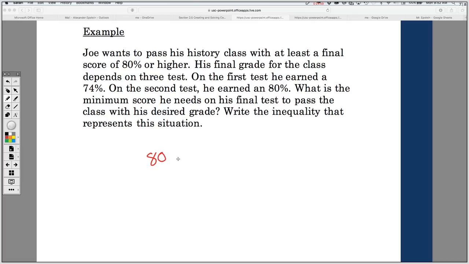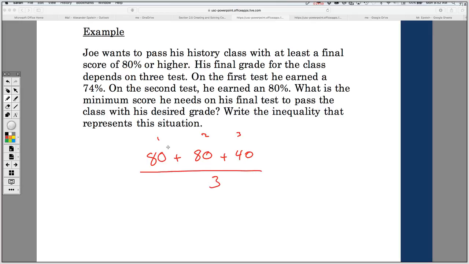And then how would I find the average? So if this was test 1, 2, and 3, how would I find the average? Add them and divide them by 3. Why divide by 3? There's 3 numbers. 1, 2, 3. So you add them up, divide by 3.